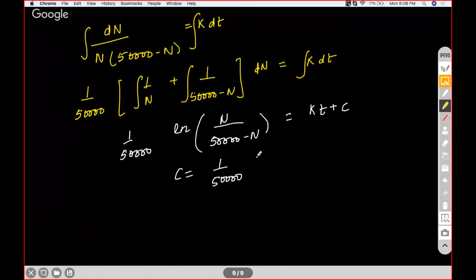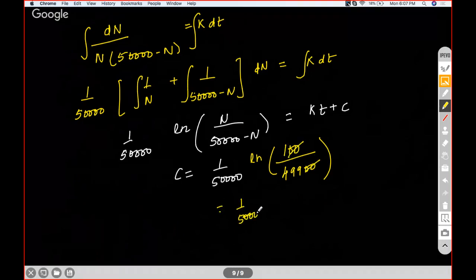So, if I'm not wrong, the value of C would come out to be 1 upon 50,000 ln 100 divided by 49900, correct? That's going to be 1 upon 50,000 ln 1 by 499.